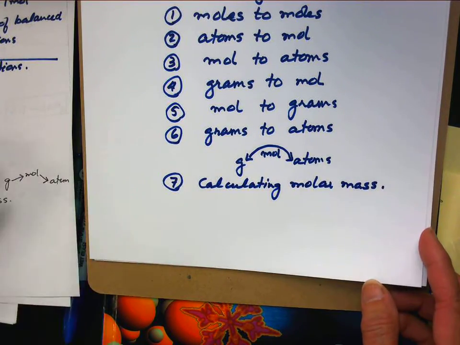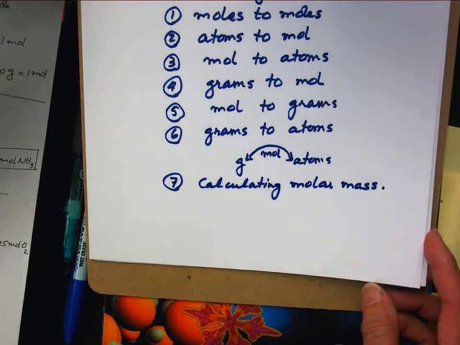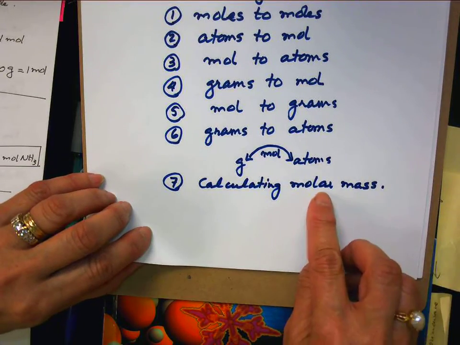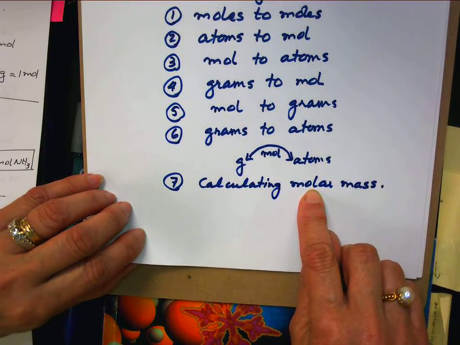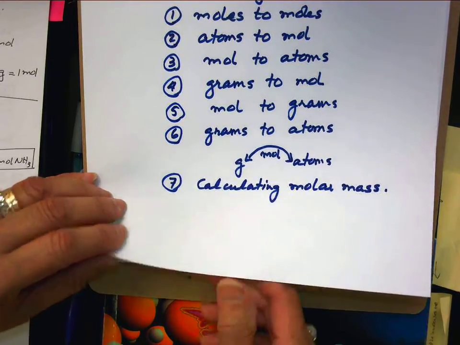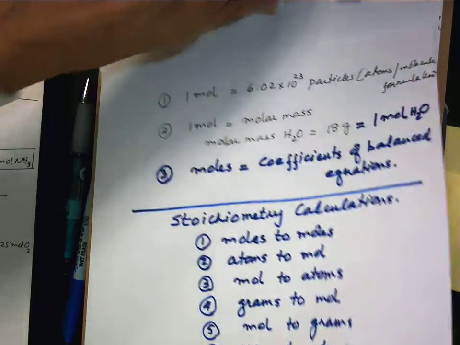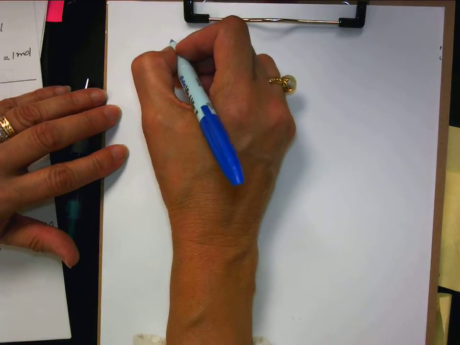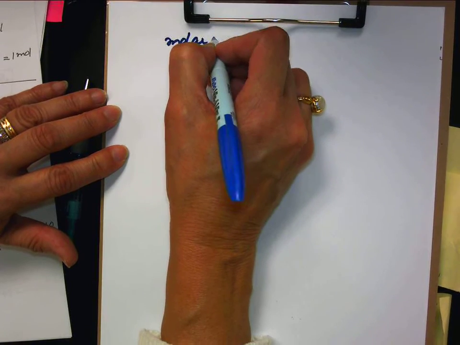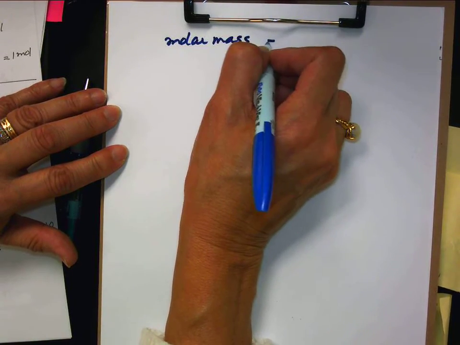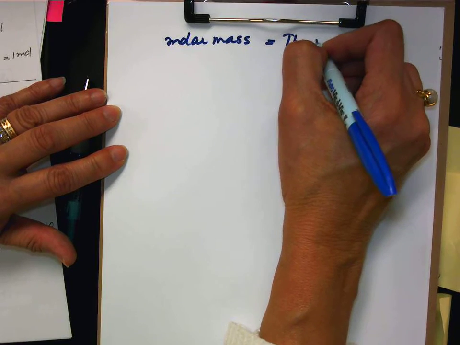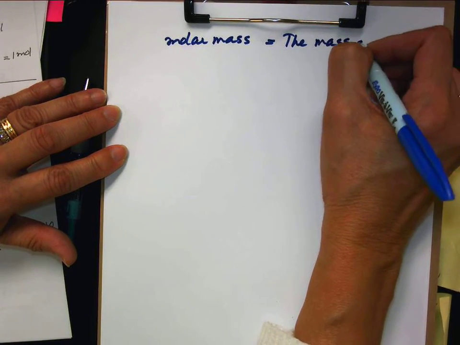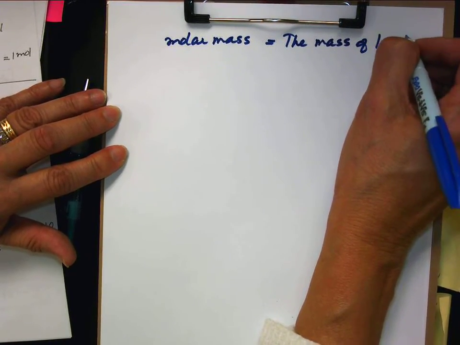How do you calculate the molar mass? Molar mass means the mass of 1 mole. All right, molar mass of 1 mole. So the mass of what? Write it down: molar mass is the mass of 1 mole, 1 mole of anything.